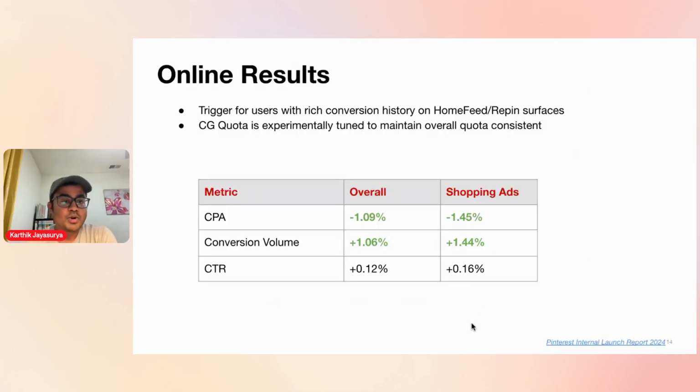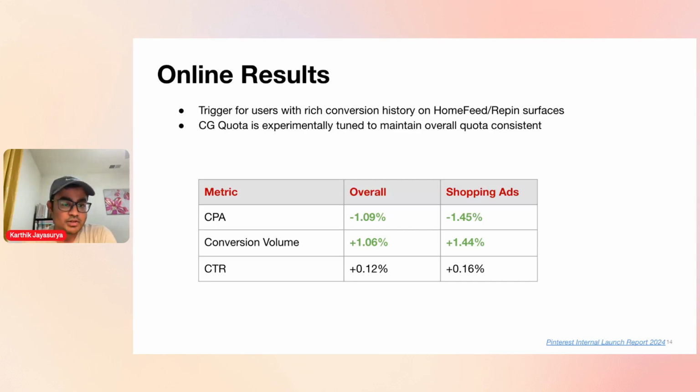Yeah, so this model is also launched into both home feed and repin surfaces, about to be launched. And the only changes here being the users now, in addition to being triggered with the previous heuristic commercial intent score, we also made sure that users have a minimum number of conversions to maintain signal fidelity for those users, and also iterated on how to best allocate the CG quota in conjunction with other CG quotas.